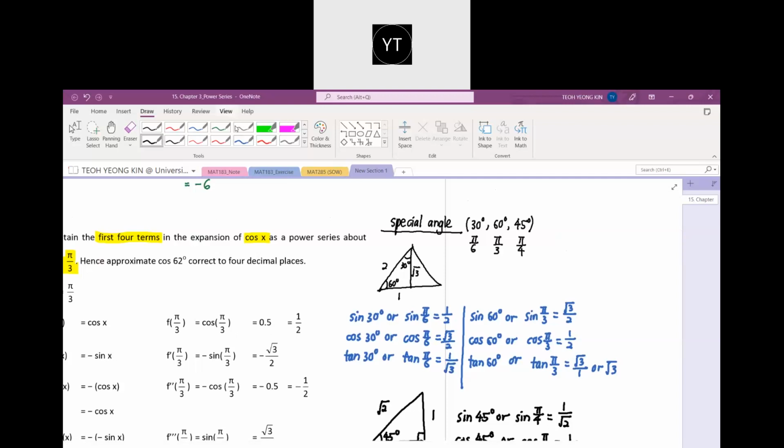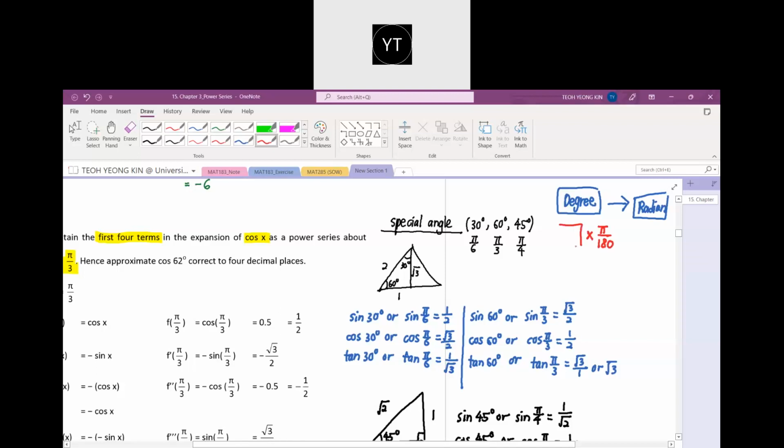The next thing you have to know is how to convert degrees into radians. In order to convert into radians, we have to multiply the value in degrees by pi over 180.